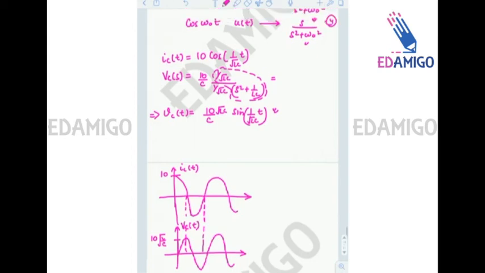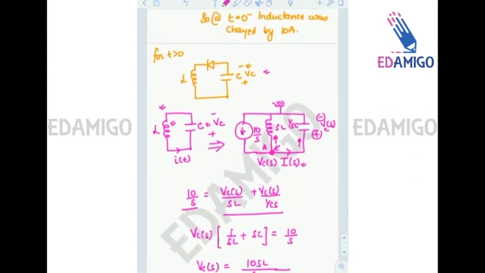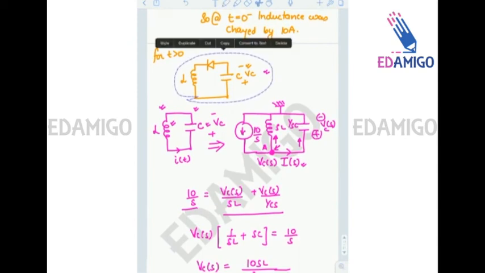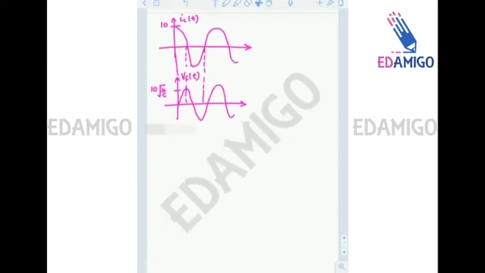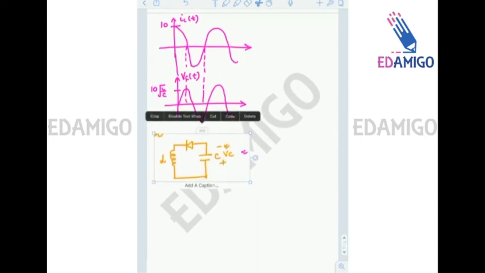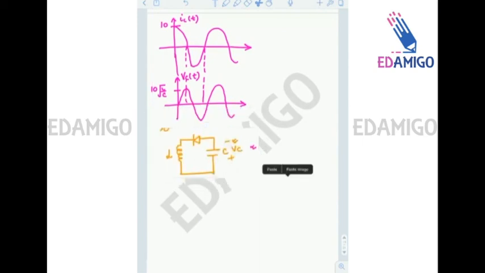Now this is the current and voltage in the simple LC circuit, but the circuit which is given to us has, I'll just copy the figure, a diode in it. Okay, so what changes will the diode make in the result? Very important thing: suppose the condition is the same.